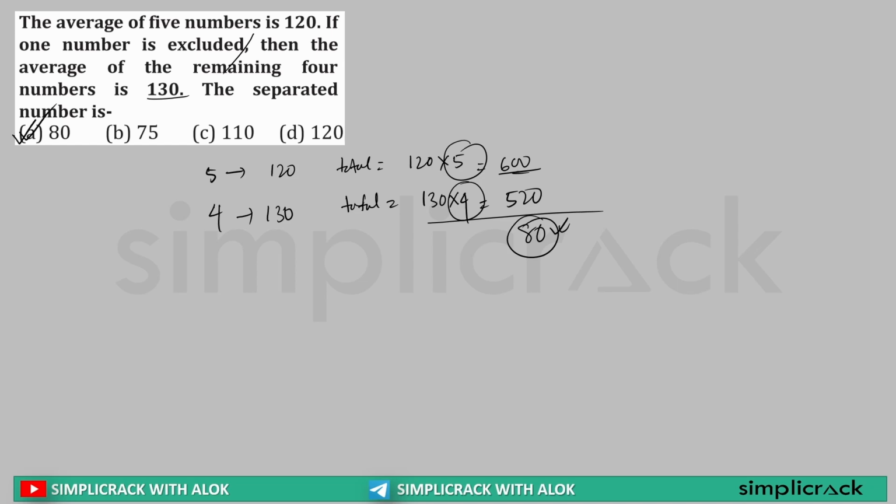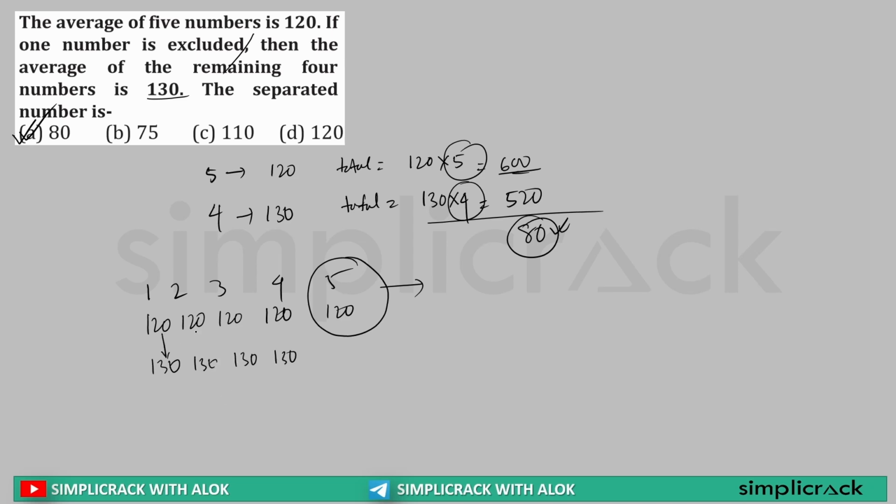Clear? Now you can solve this in this easier way, or you can try to solve it in a bit more conceptual way. What will it be? Sir, 5 numbers are there, 1, 2, 3, 4, 5. Their average was 120 each. Now, for example, the number that has been separated is B. After the separation, their new average is 130, 130, 130. That means their average has been increased by 10 each.